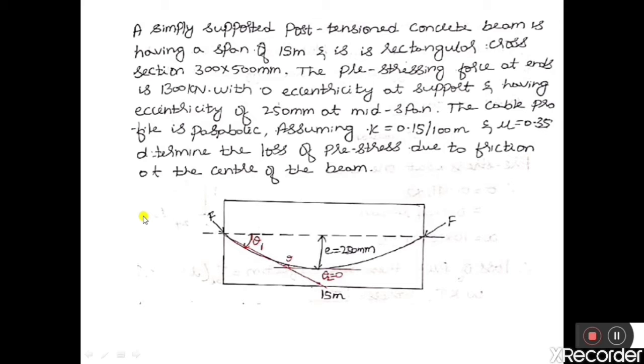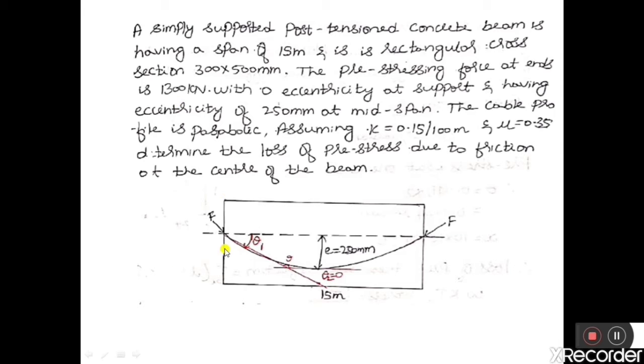So here in this question they have asked us to calculate the loss of prestress due to friction in the given beam. For this beam, an initial prestressing force is applied from both the ends. The prestressing force at both the ends is 1300 kilonewton.